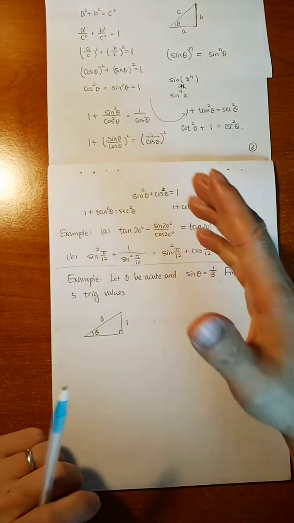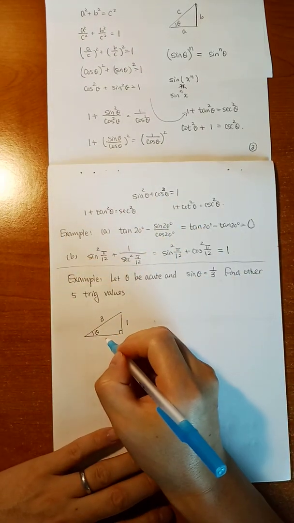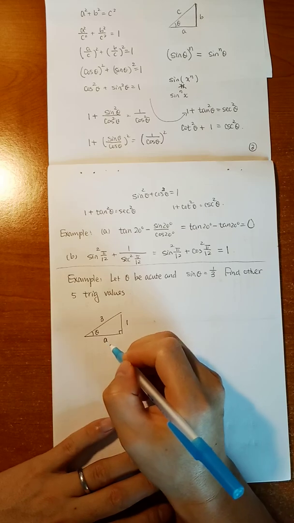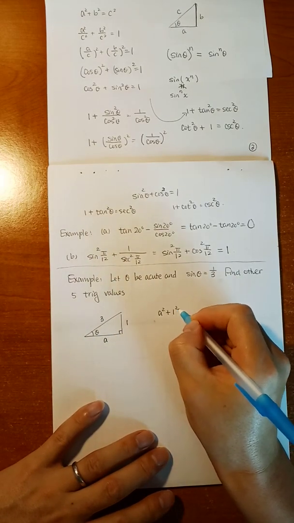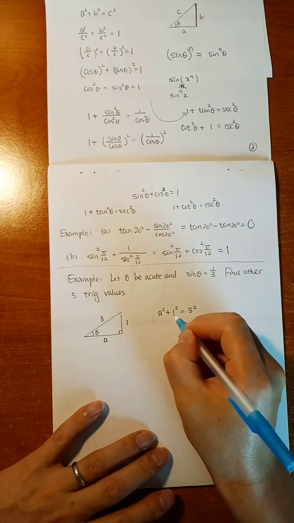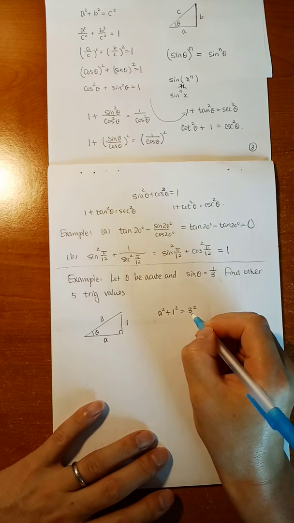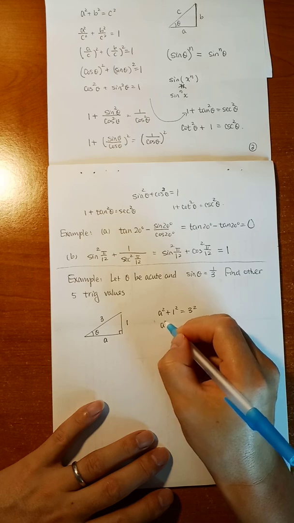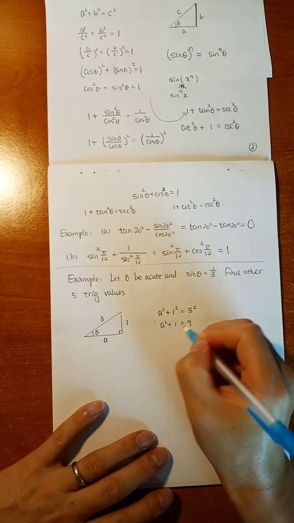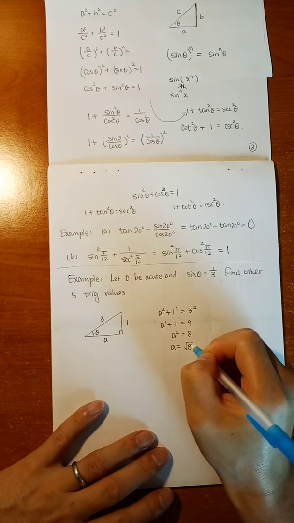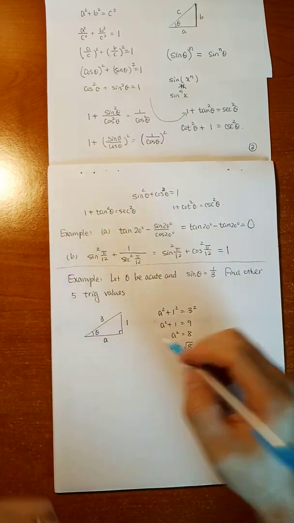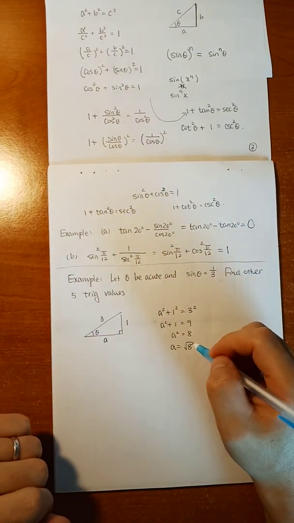The sine is the opposite over hypotenuse, and you assume the adjacent side as a. Then by the Pythagorean theorem, a squared plus 1 squared is equal to 3 squared. So a squared plus 1 is equal to 9. a squared is 8. So a is square root of 8. So you get the adjacent square root of 8.